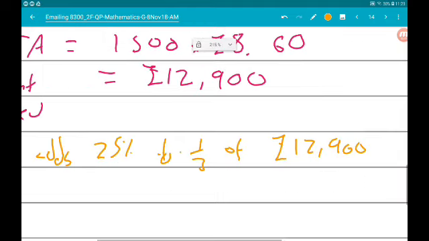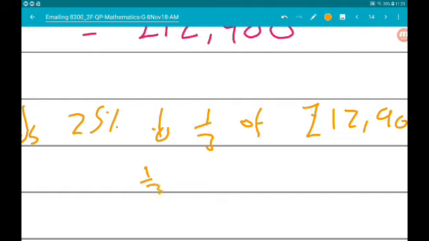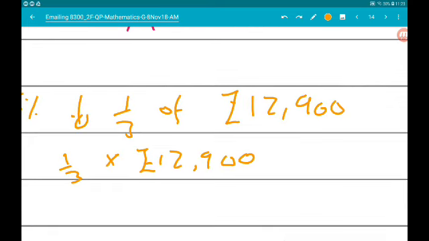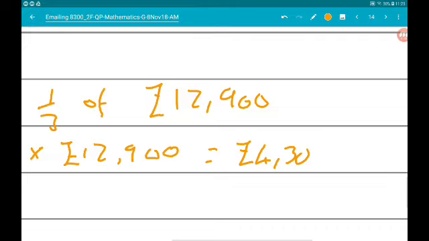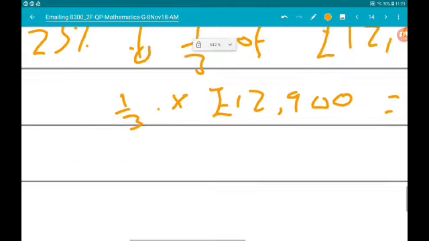Now, 1/3 of 12,900 on your calculator, do 1/3 times 12,900, and you will get 4,300. So we need to work out 25% of that.